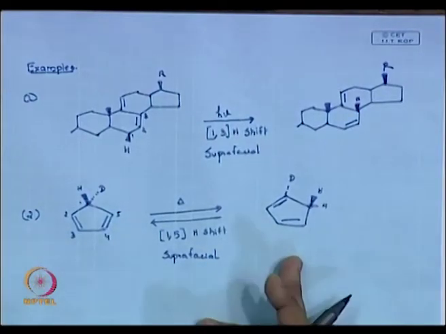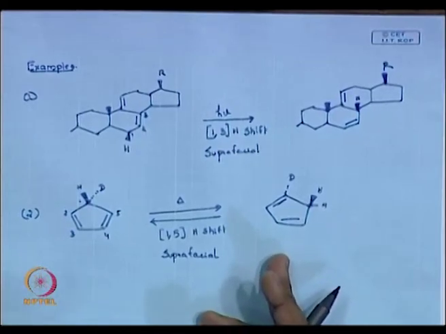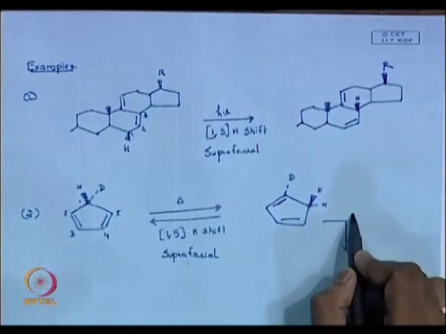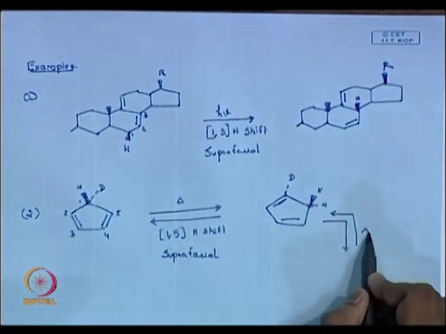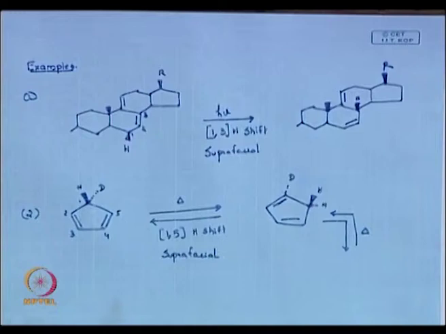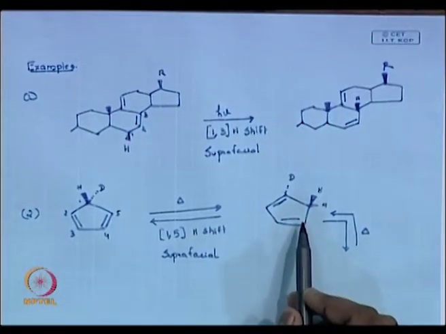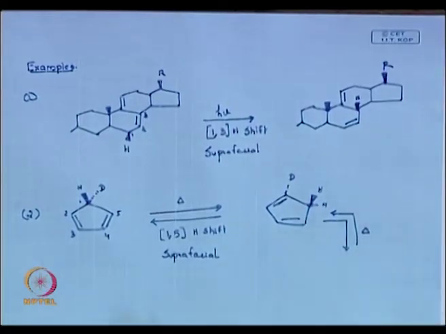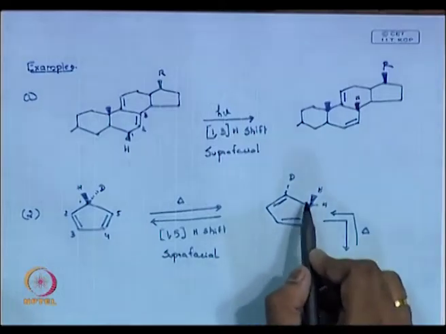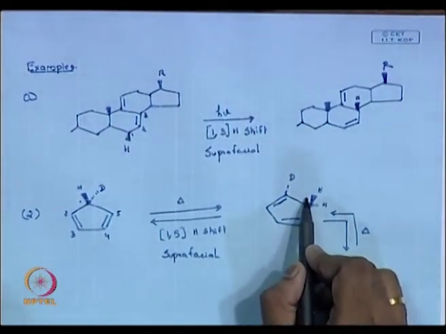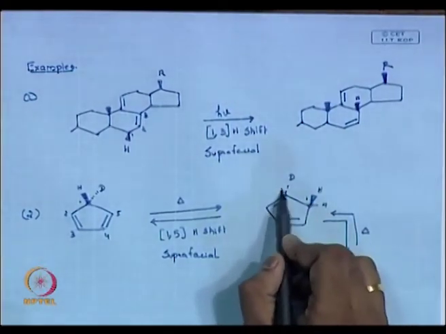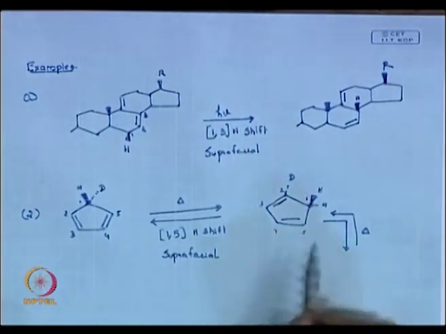Again, if you heat this, what happens? I can heat this again, and you will end up with the same 1,5 hydrogen shift, not the same product but the same chemistry: 1,5 hydrogen shift suprafacially. Write the product. Number it: 1, 2, 3, 4, 5.